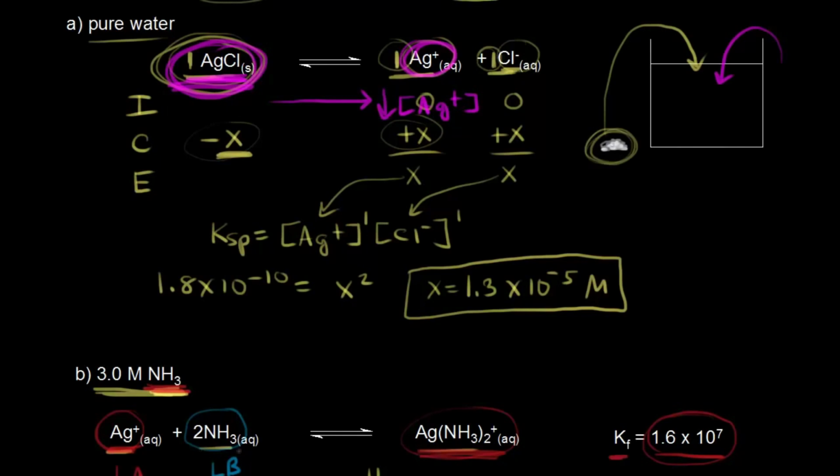Adding our ammonia caused formation of a complex ion, which increased the solubility of our silver chloride. So we would expect an increased solubility here of our slightly soluble ionic compound, silver chloride. And next, we're going to do the calculation. We're going to find the solubility of silver chloride in our 3 molar ammonia solution.